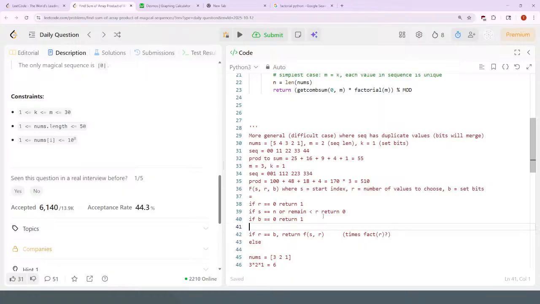Oh my god. So 0 0 1 1 2 2 0 0. Okay, so no, I'm looking at the wrong thing.